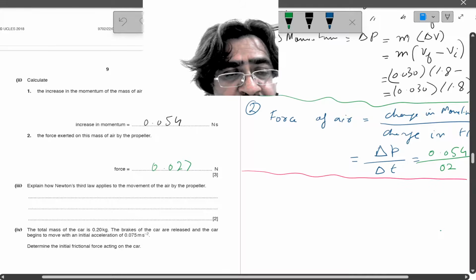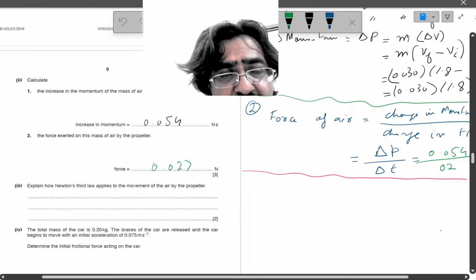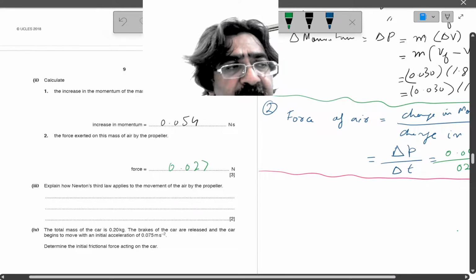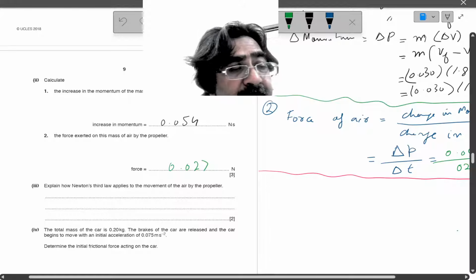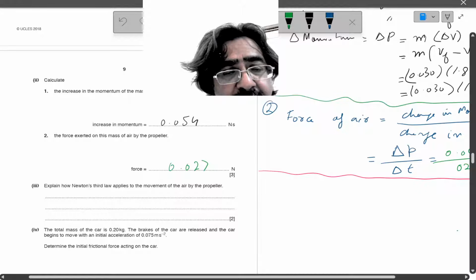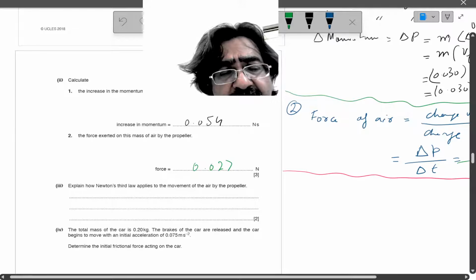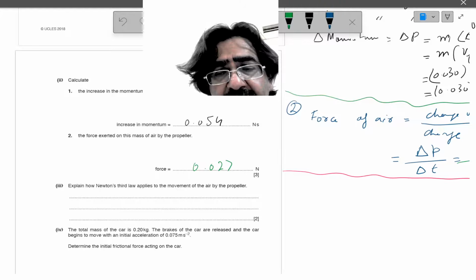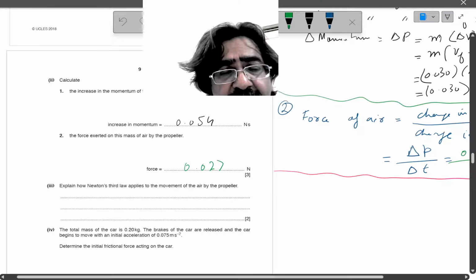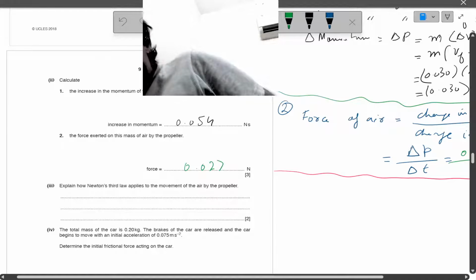The third part is to explain how Newton's third law applied to the movement of this vehicle. According to Newton's third law, every action has a reaction, which is opposite in direction.